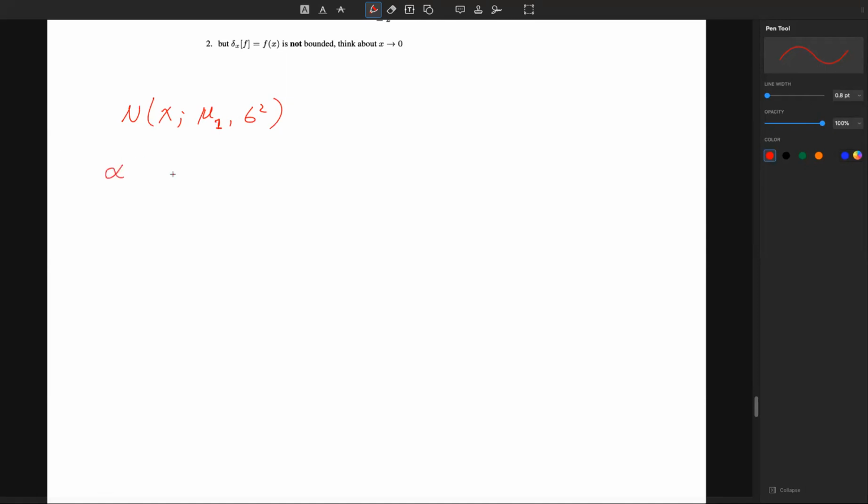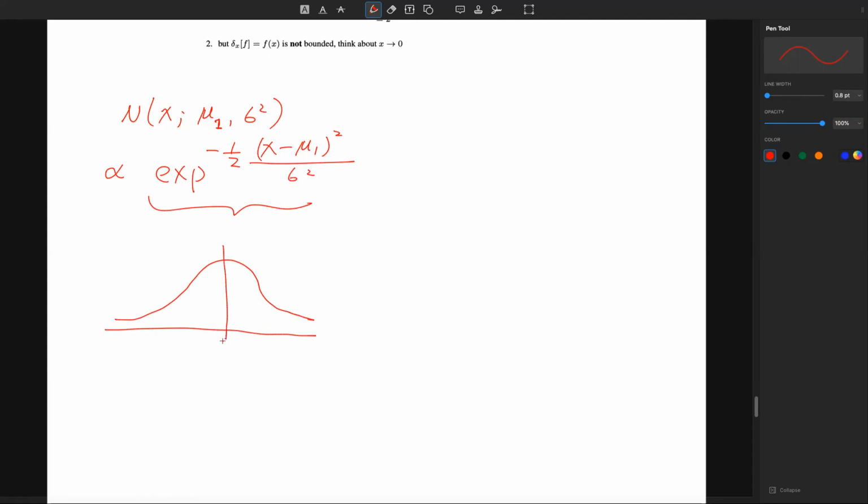So it will look something like this: exp minus half, x minus mu1, squared. All right, so I have this Gaussian distribution that has mu1 as its mean, and I have another Gaussian distribution.